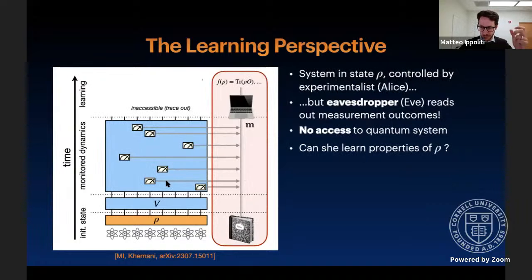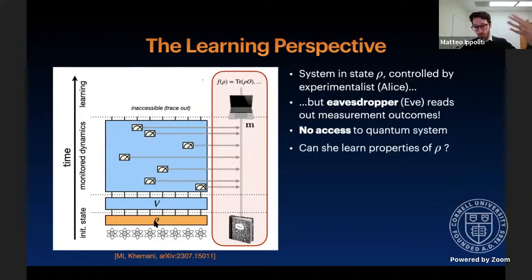You cannot directly measure the quantum state. So whatever happens here at the end, you cannot go in and measure that or do feedback or any of that. You're purely trying to use this classical knowledge to, through some kind of simulation, learn various properties of the quantum state rho that was here at the beginning that we assume you don't know.